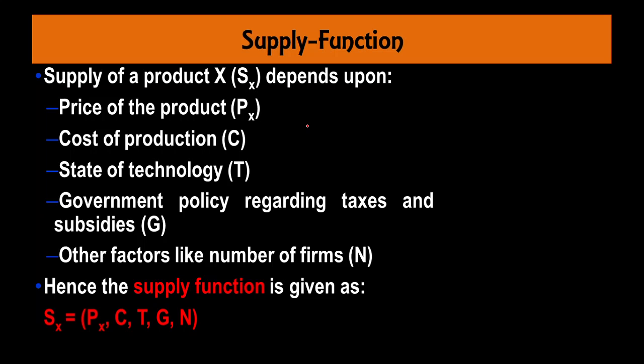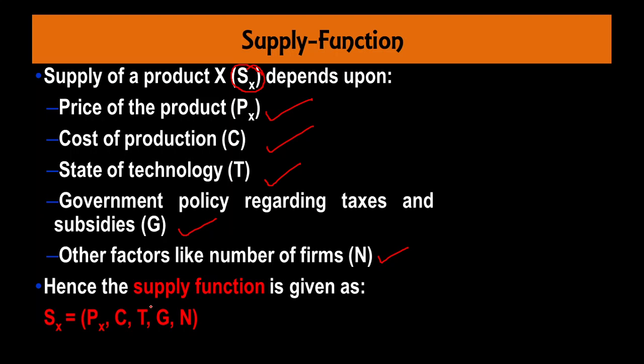If you denote the supply of a product X by Sx, then these are the factors: price of the product, cost of production, state of technology, government taxation policies and subsidies, and other factors like the number of sellers available in the market. So these are the factors on which supply depends.